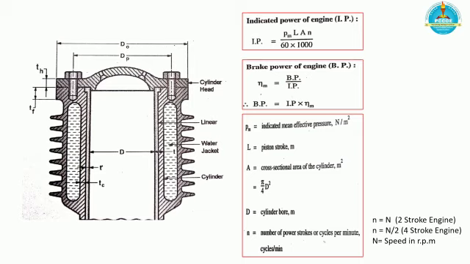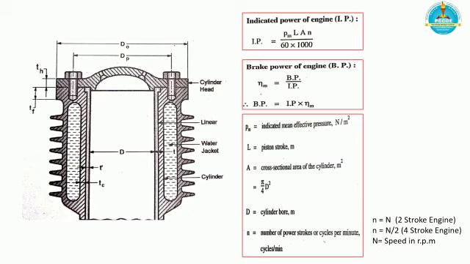Usually N is equal to the number of revolutions, RPM of the engine, in case of a two-stroke engine, and N is equal to N by 2, that is the speed in RPM upon 2, for a 4-stroke engine. So this is a very crucial step.